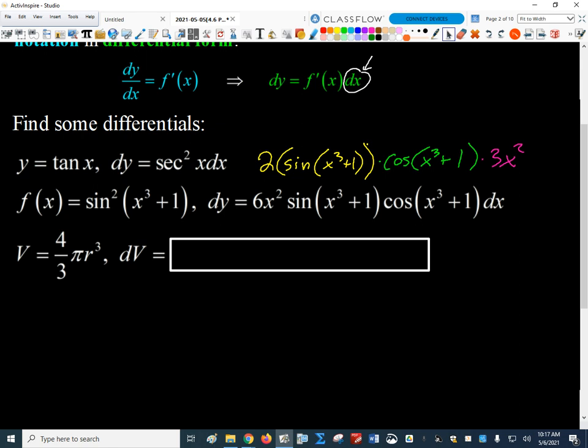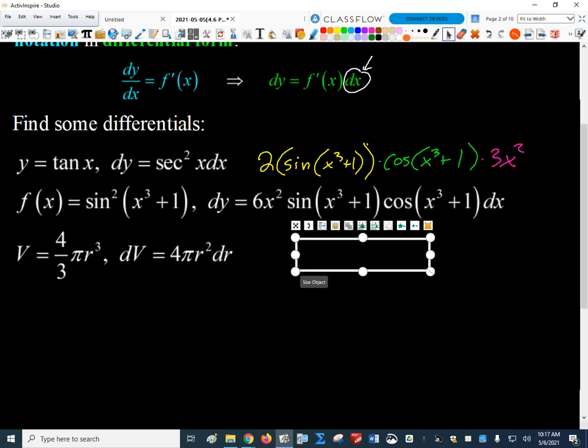So I'm calculating dV. What's going to be at the end of this thing? Everybody agree? It's going to be a dr. It's going to be a regular derivative, but then times dr. So if I bring the 3 down, 3 times 4/3 is just 4 times pi times r squared times dr. That's it.